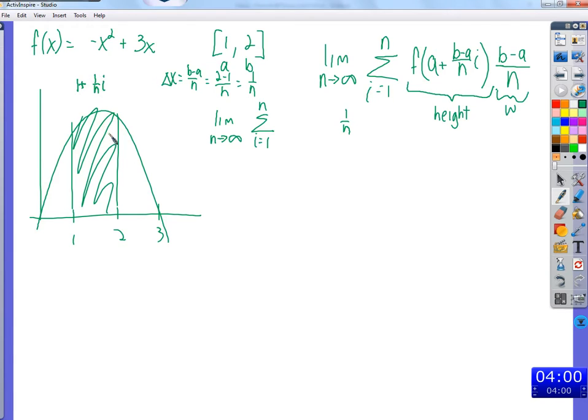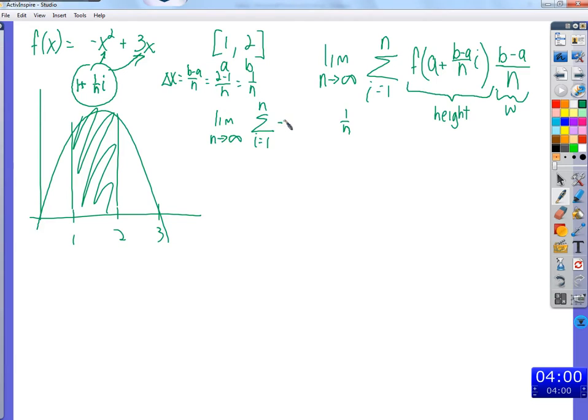So we're going to plug this guy right here into x, and that will give us the height for each individual rectangle if we were going to do this one by one.